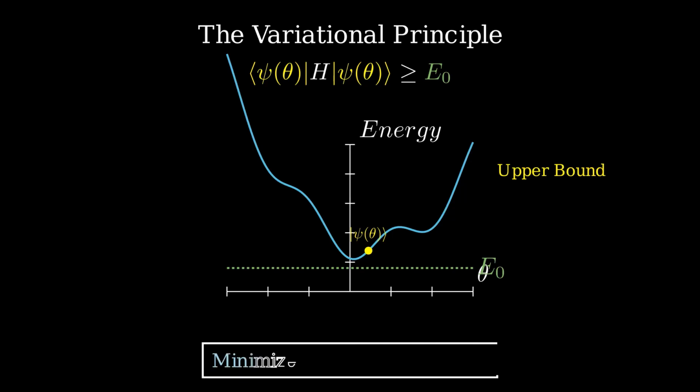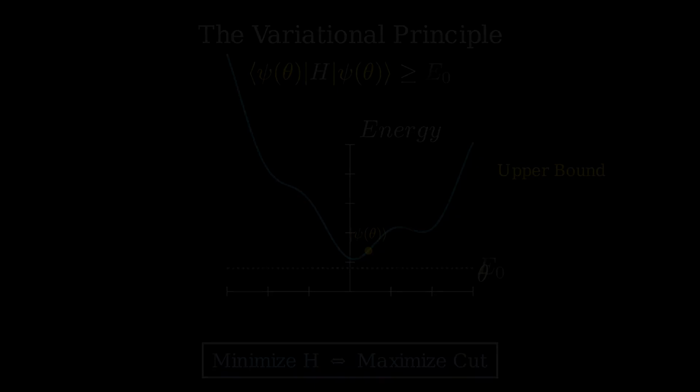That's why we defined our Hamiltonian as H equals minus C of z. When we minimize H, we are maximizing C of z, which is exactly what we want. The variational principle guarantees that by iteratively adjusting our trial state to minimize the energy, we are finding the maximum cut.